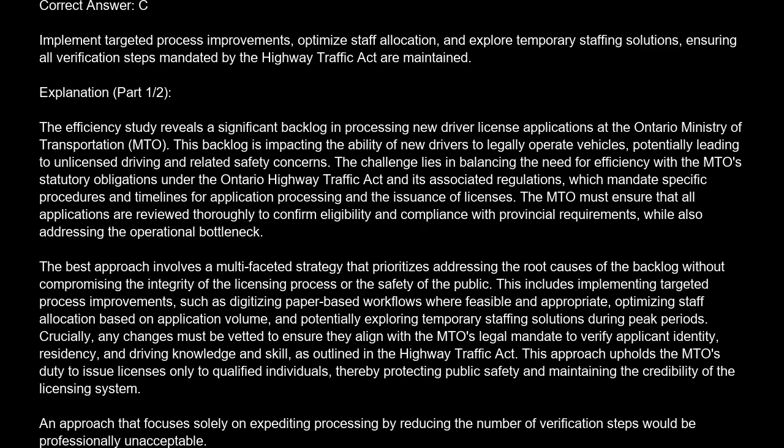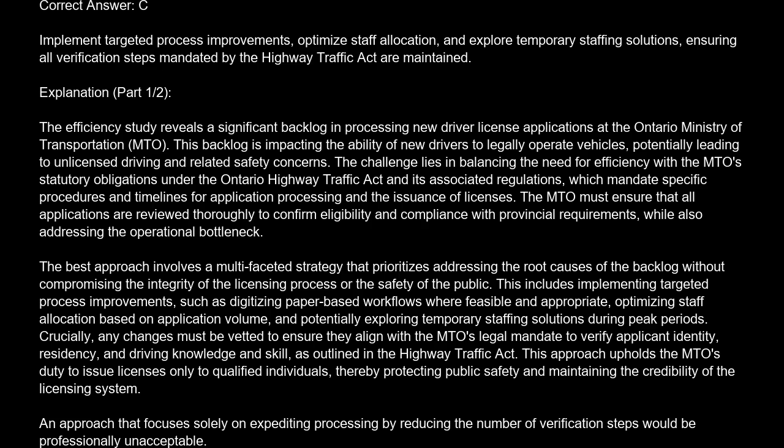The challenge lies in balancing the need for efficiency with the MTO's statutory obligations under the Ontario Highway Traffic Act and its associated regulations, which mandate specific procedures and timelines for application processing and the issuance of licenses. The MTO must ensure that all applications are reviewed thoroughly to confirm eligibility and compliance with provincial requirements, while also addressing the operational bottleneck.